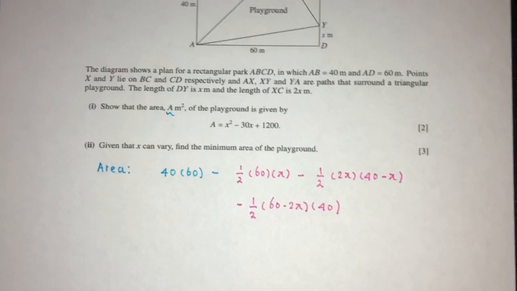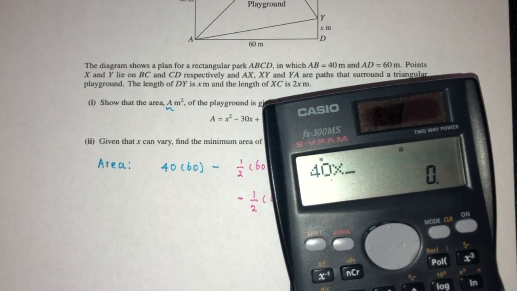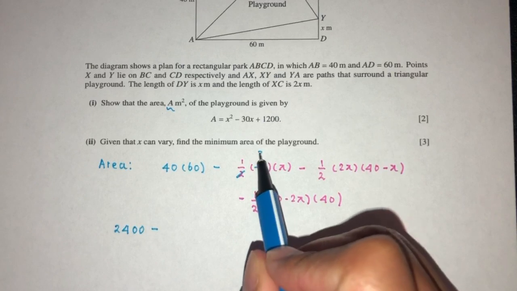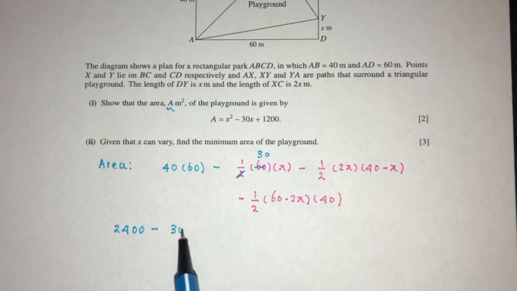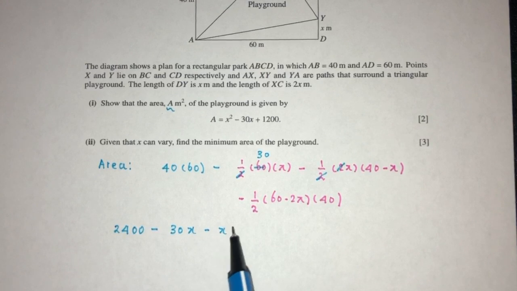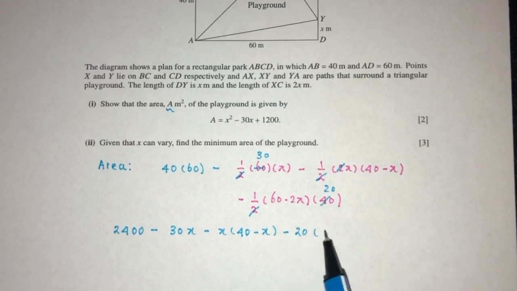Okay, so let's simplify. Here what you will have, 40 times 60, that should be 2400, minus this will be 30x, minus this will be 40 minus x, and this will be minus 20 times 60 minus 2x.